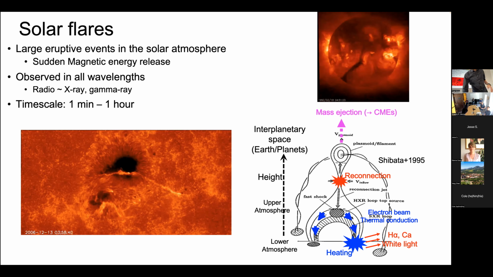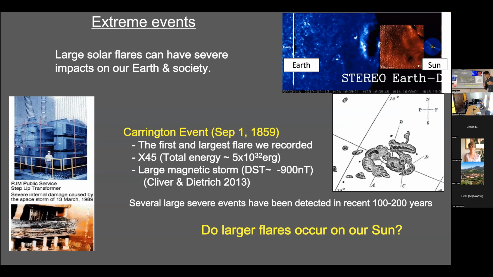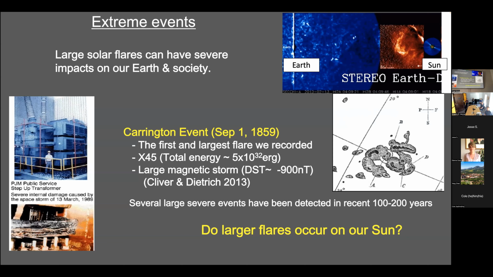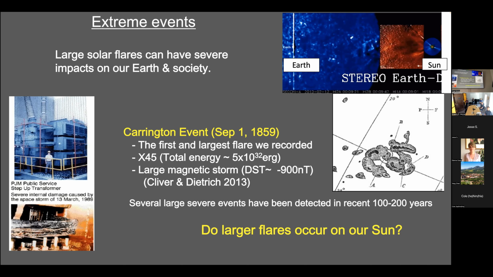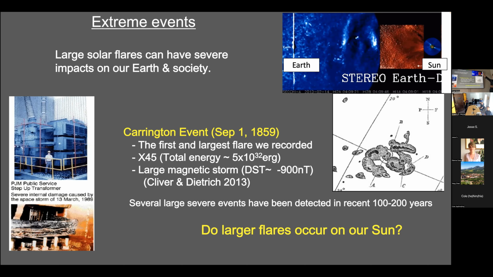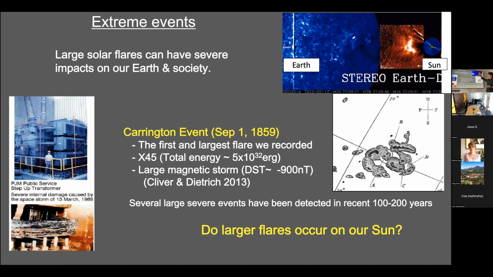The solar flare itself is very interesting from a plasma physics point of view, but from a space weather aspect, extreme solar flares are very important in recent years, because large solar flares can have a severe impact on our Earth and society, as you may know. If a coronal mass ejection caused by a solar flare occurs, this plasma propagates into interplanetary space and disturbs the magnetosphere, of course. This can affect the Earth very much.